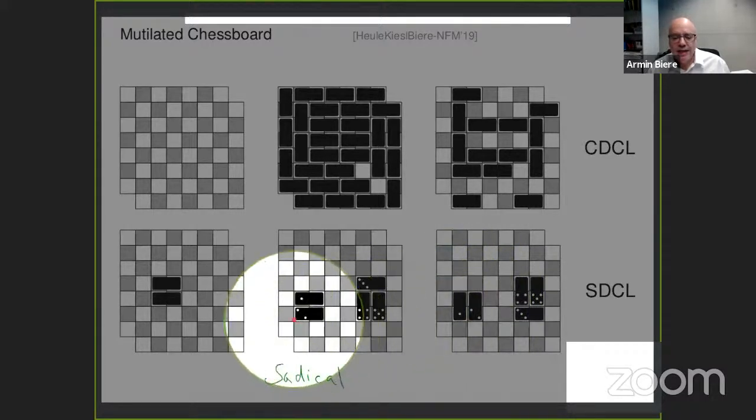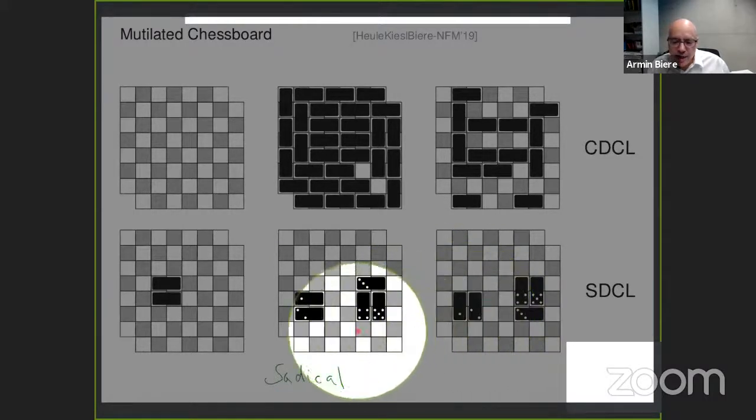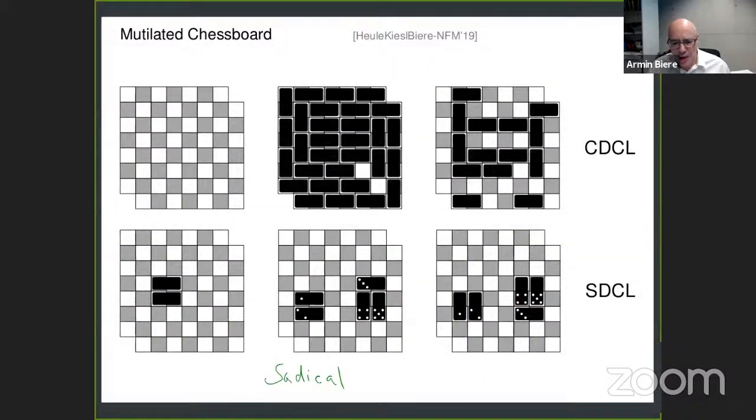So I can add the clause which says if I have already checked these two dominoes, I don't need to check these two. The same is true for these ternary dominoes, where you can move this domino down here, and around it, nothing changes. Our SDCL solver just magically found these redundant clauses.